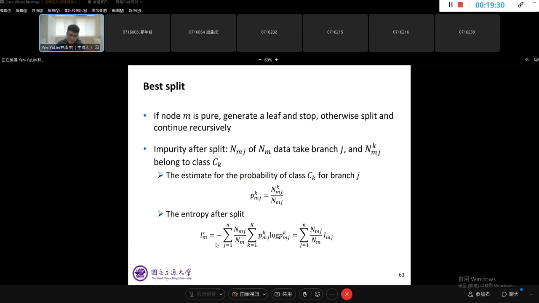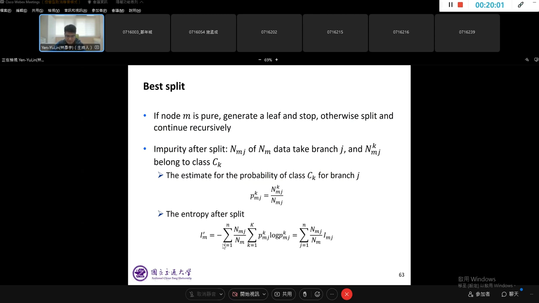So let's look at the entropy after split. This is the key equation. So let's try to understand the meaning of this equation. It is a bit complicated, but it is interpretable. Let's focus on the first sum operator. The sum operator is over branches.